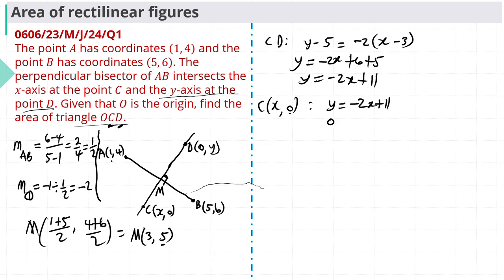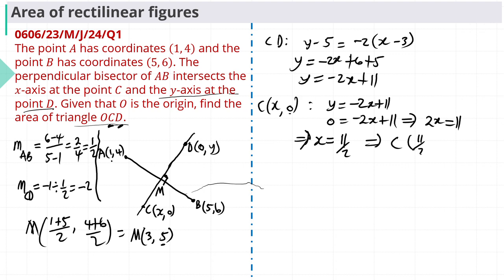The y coordinate is 0, which implies 2x equals 11, which implies x equals 11 over 2. It tells us that the coordinate of C is (11/2, 0).